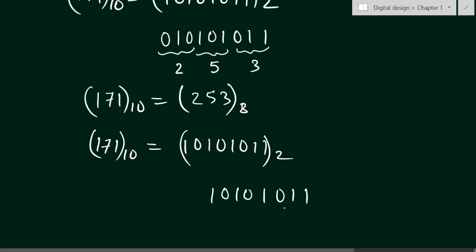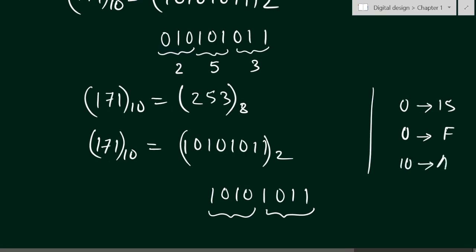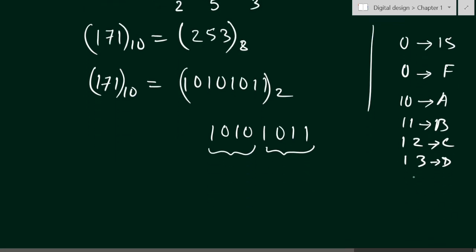Okay, now what you have to do is make a group of 4, because you know that in case of hexadecimal number system, you have from 0 up to 15, that means from 0 up to 15, which is F. Okay, so here you can say that 10 is denoted by A, 11 is B, 12 is C, 13 is D, 14 is E, and 15 is F.